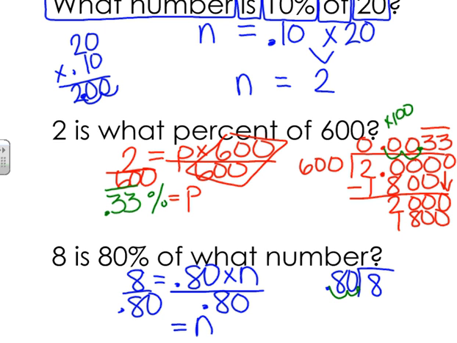Multiply by 100 to slide your decimal over. And 800 divided by 80 is 10. So 8 is 80% of 10. And that makes sense. 8 out of 10 on a quiz would be an 80%. So hopefully that's closer to what you're getting on your quizzes.